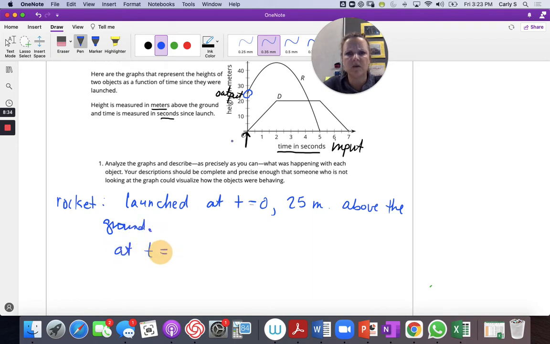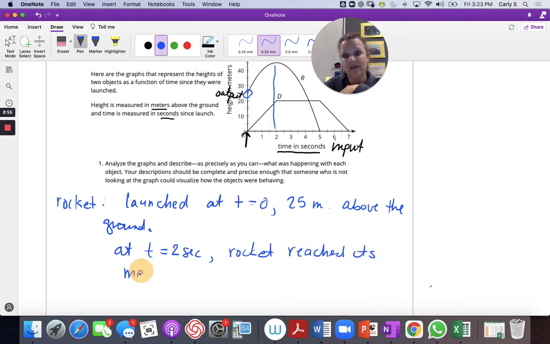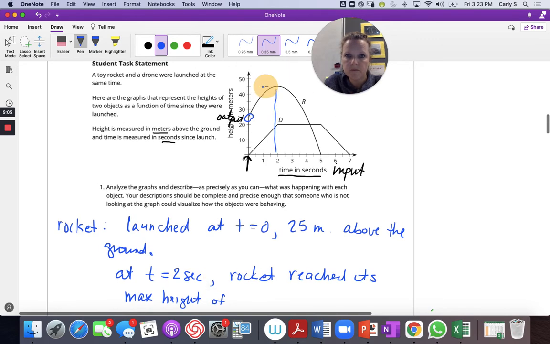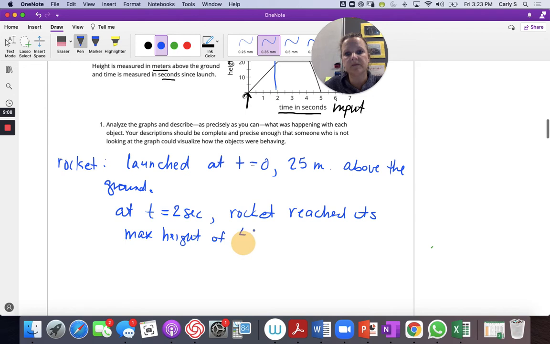At time equals about 2 seconds, the rocket reached its maximum height of about 45 meters before falling back to the ground.